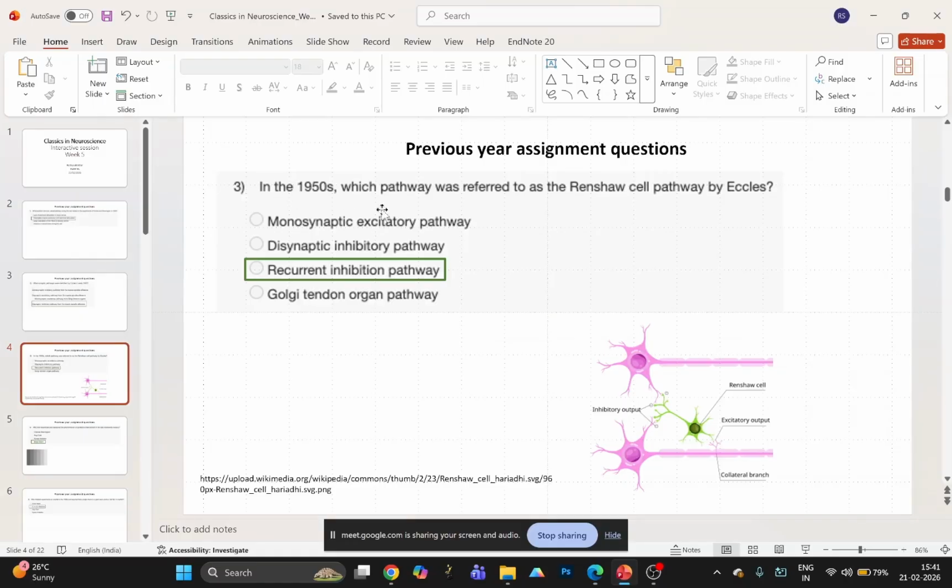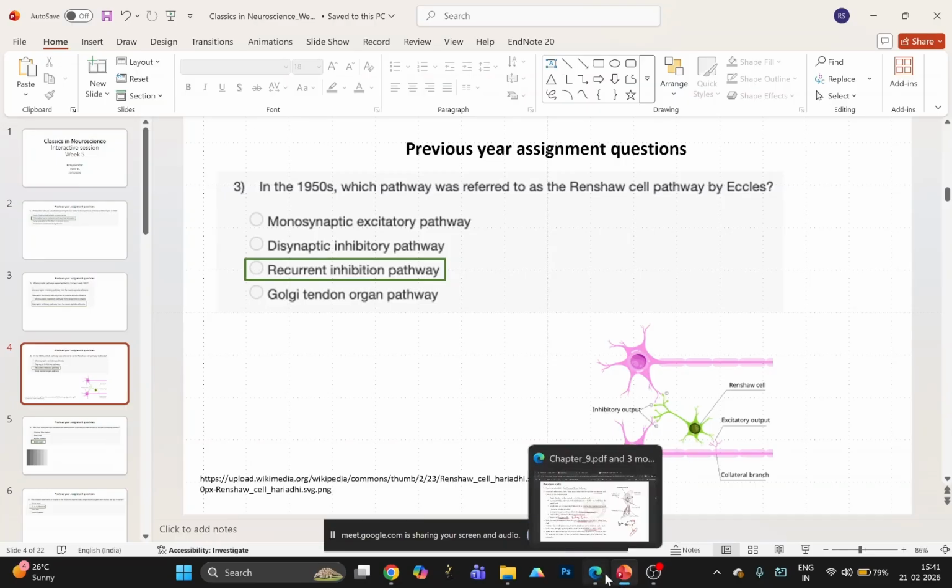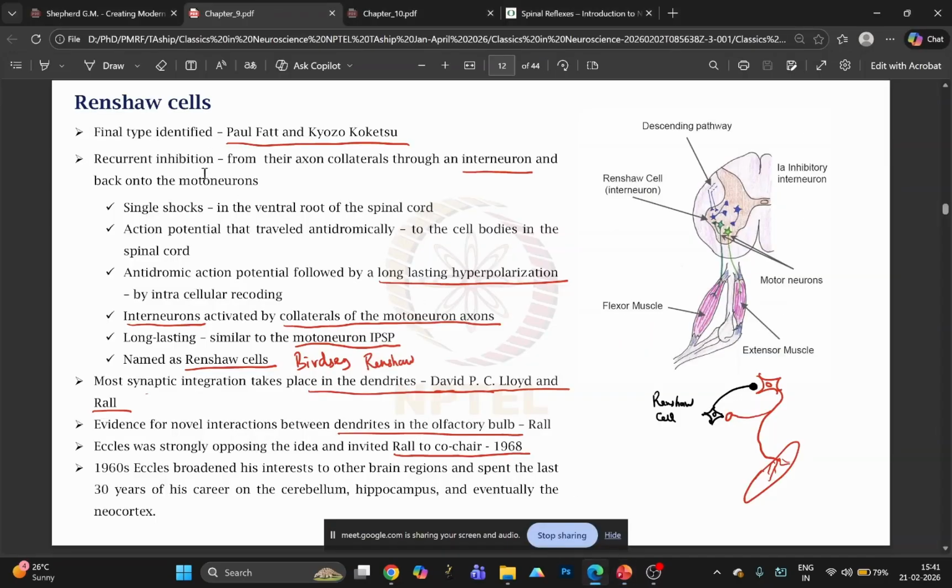So in the 1950s, which pathway was referred to as the Renshaw cell pathway by Eccles? The correct answer is the recurrent inhibition pathway. Why recurrent inhibition pathway? Because whenever the motor axons are stimulated, there is a recurrent inhibition, or it is happening again and again.